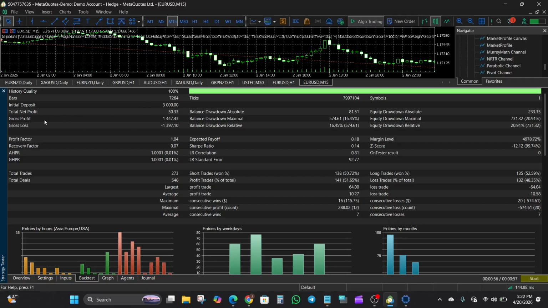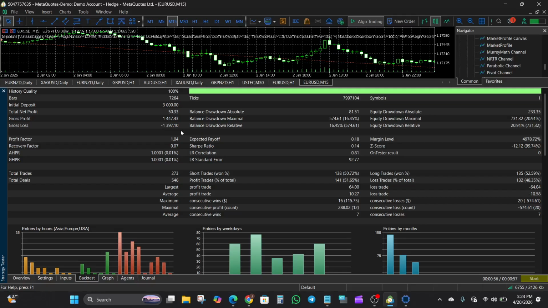There was a gross profit of $1,447 and a gross loss of $1,397. So the profits were almost wiped out by the losses, maybe due to different market conditions. But remember that market conditions can also affect the performance of an expert advisor.